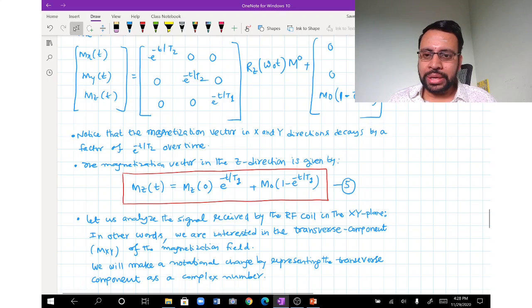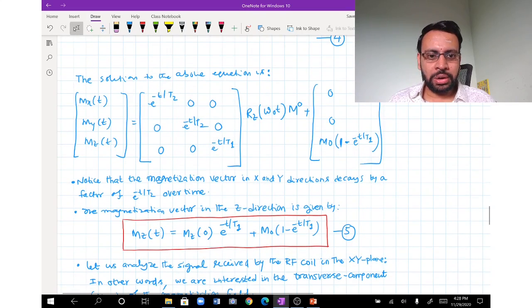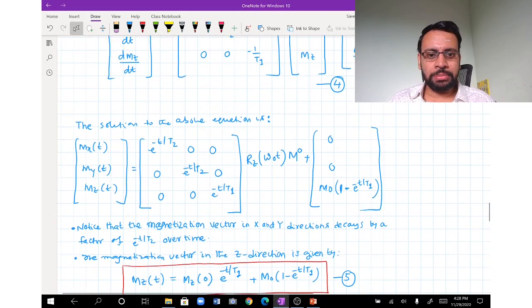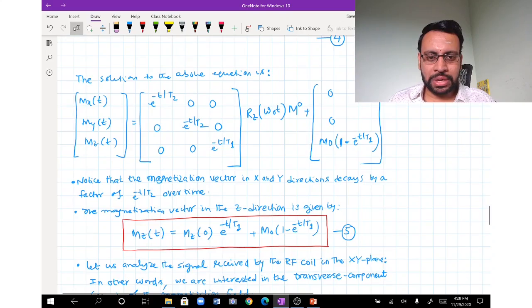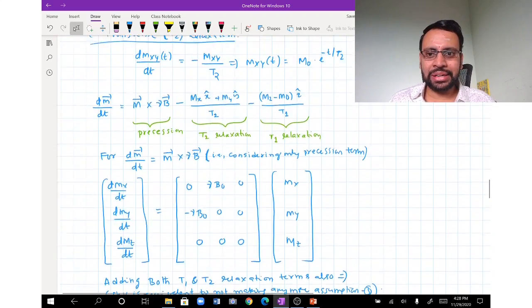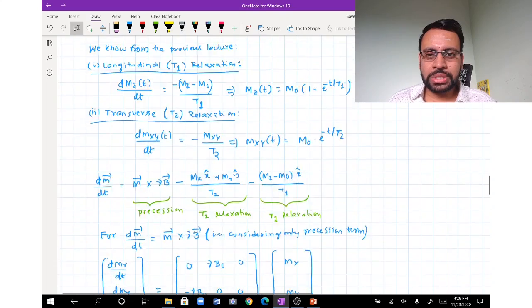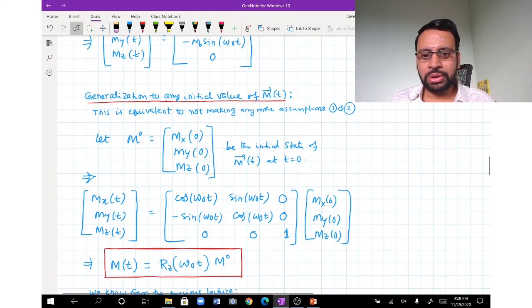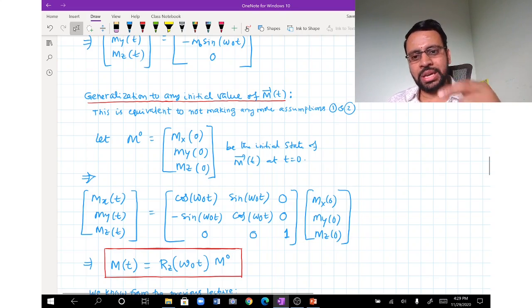So you could write now mz of t to begin with, that's equivalent to mz of 0 into e power minus t by T1, because the initial conditions you have anyway written as m superscript 0. So that initial condition is getting multiplied. m of 0 you could write as the components mx of 0, my of 0 and mz of 0, the initial values of the components mx, my and mz.